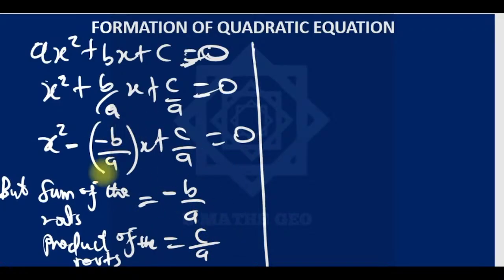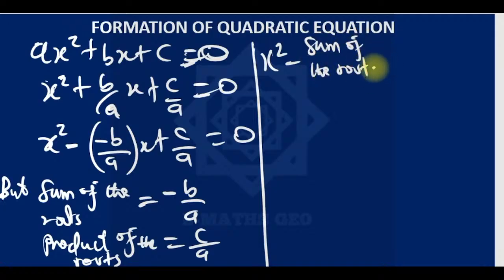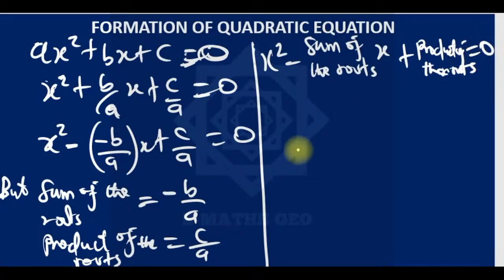Are you seeing? It's here. So generally, to form a quadratic equation, we now have that it is always x squared minus sum of the roots times x plus product of the roots equal to 0.